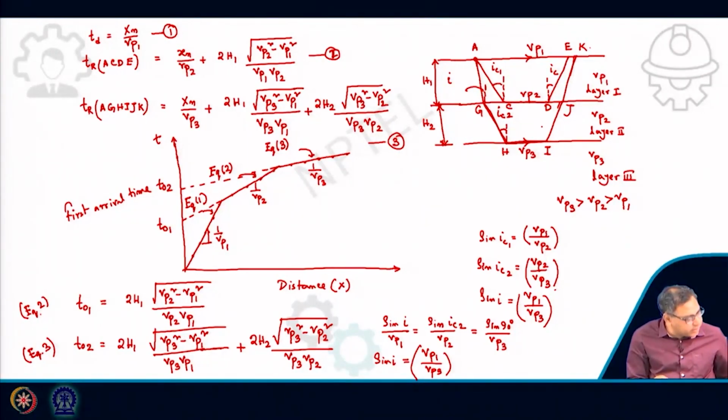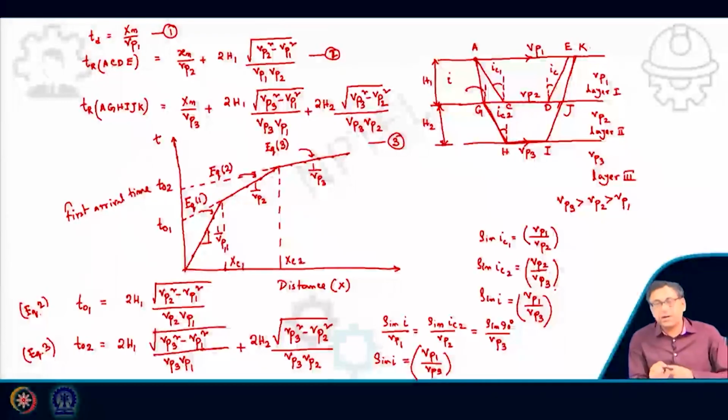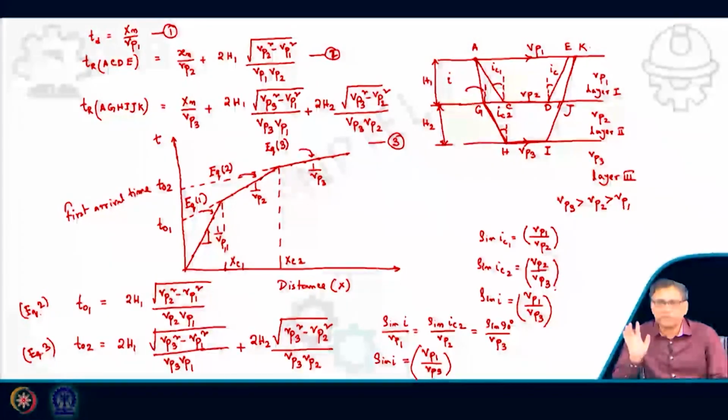Now in a similar way I can use the critical distance concept or method also. So this one will be xc1, and here it will be xc2. So what is xc1? If you place any geophone less than xc1, then the direct ray will reach first.